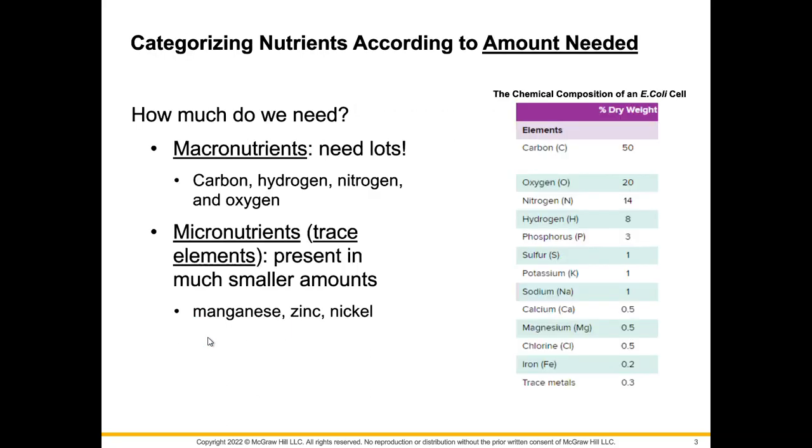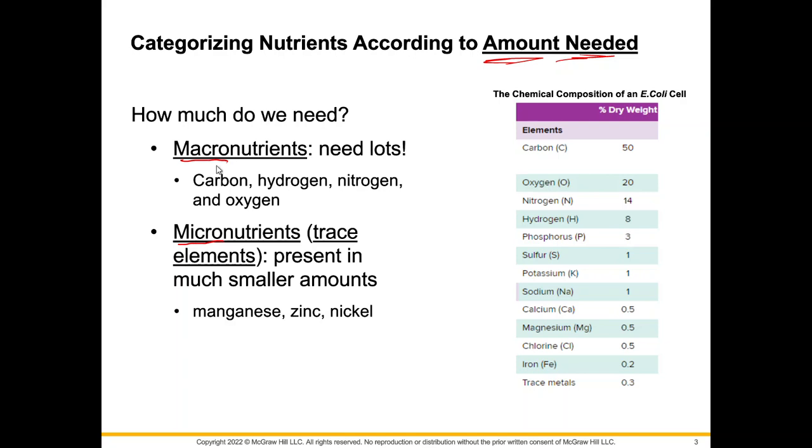So let's look at categorizing nutrients first according to the amount needed. So there's two basic classifications when we are talking about nutrients in terms of how much we need, and they are as follows: macronutrients and micronutrients.